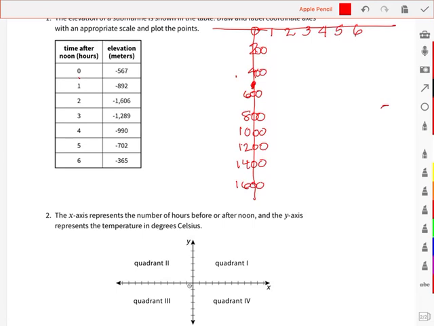And then we have 1 and negative 892. So here's our 1. 892 is going to be about there. And then we have 2 and negative 1606. So here's 2, and negative 1606 is probably going to be there.